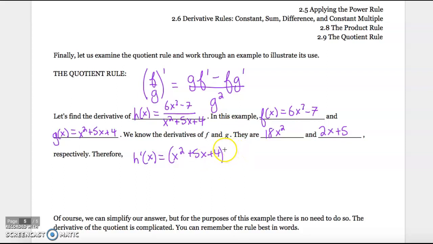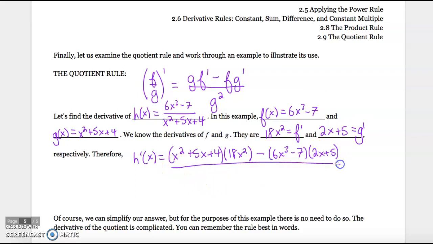So we have g times f prime, which would be the 18x squared. And then minus f times g prime, that's a g, all over g squared, so x squared.